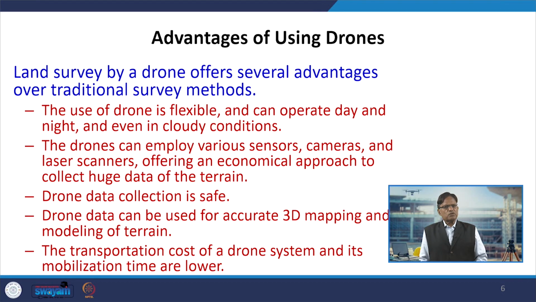So we can send the drone to dangerous areas, to those areas which are difficult to reach. And the data is very useful for creating 3D maps. So we can create a digital surface model, a digital terrain model, a digital elevation model, and we can subsequently do the modeling of the terrain.